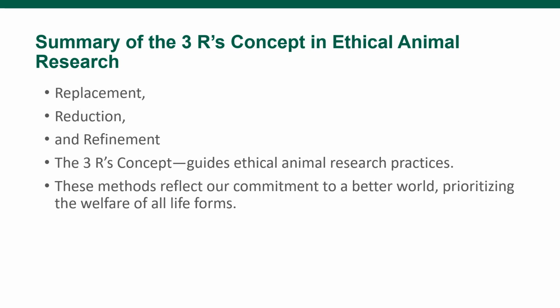The 3Rs concept guides ethical animal research practices. These methods aren't just about science, they reflect our commitment to a better world. And by prioritizing these principles, we are continually exploring innovative ways to advance science while respecting the welfare of all life forms.